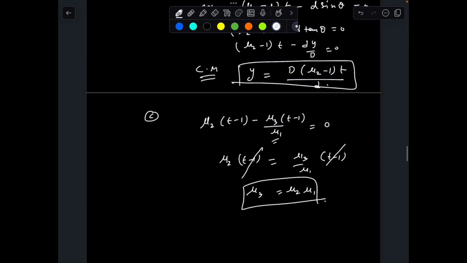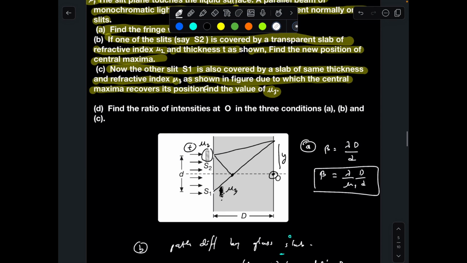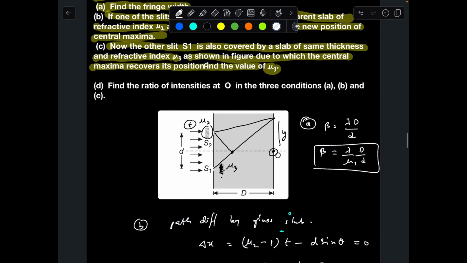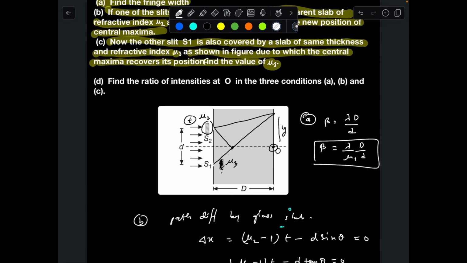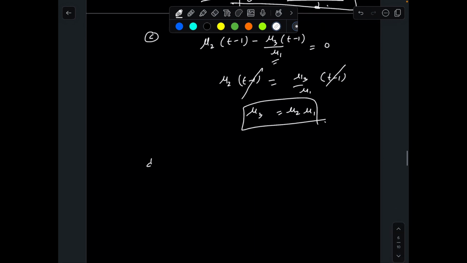Part D. Find the ratio of intensities at O in the three conditions A, B and C. In the first case and third case, the intensity will be the intensity of central maximum.